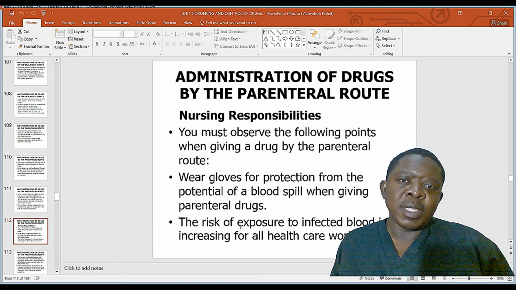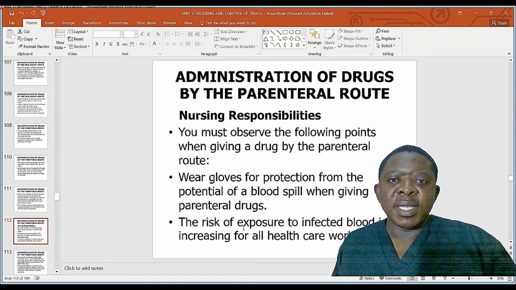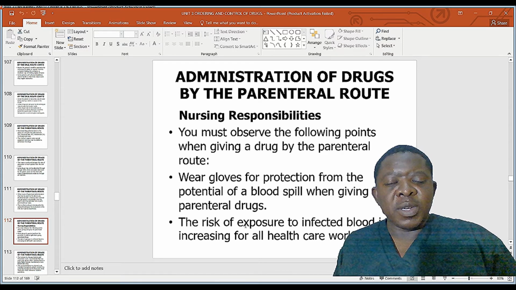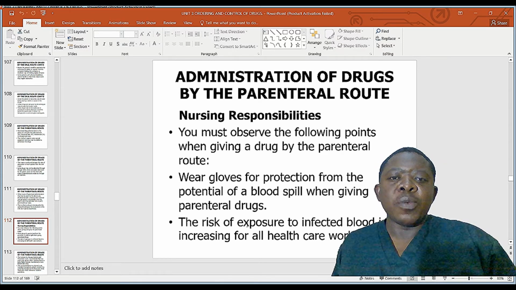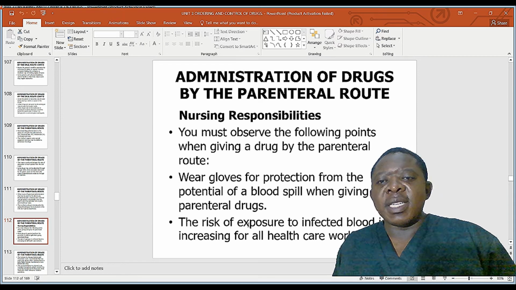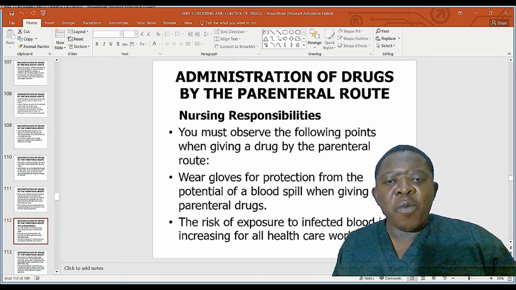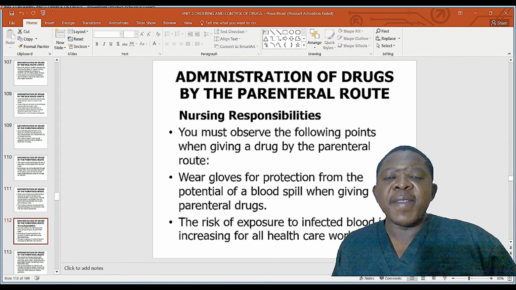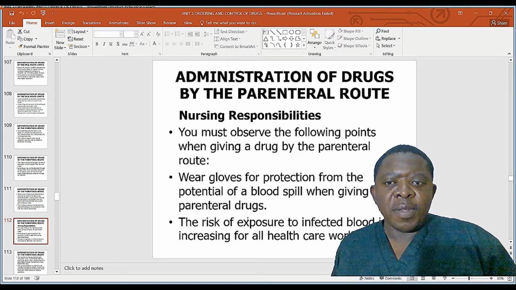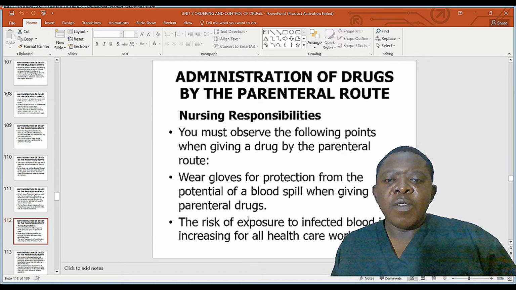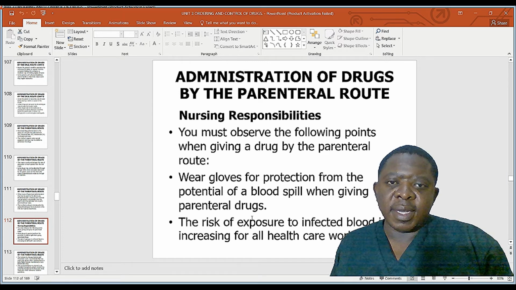You must observe the following points when giving a drug by the parenteral route. That is, you have to wear gloves for protection from the potential of a blood spill when giving parenteral drugs. The risk of exposure to infected blood is increasing for all health care workers.